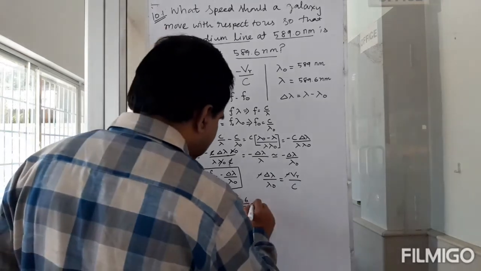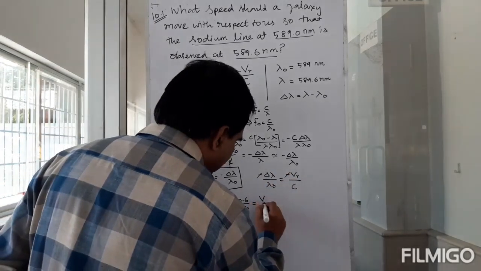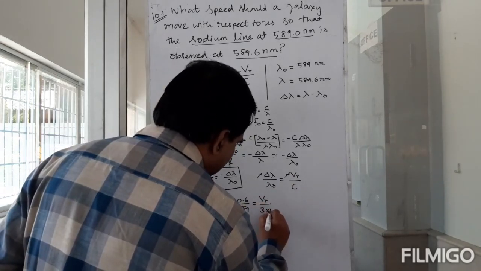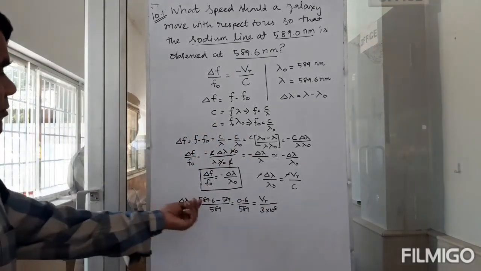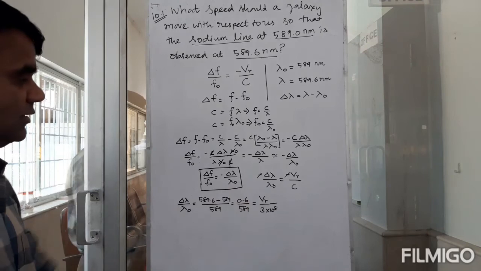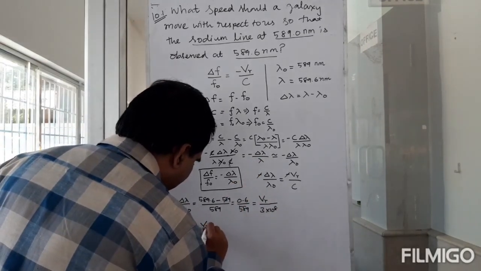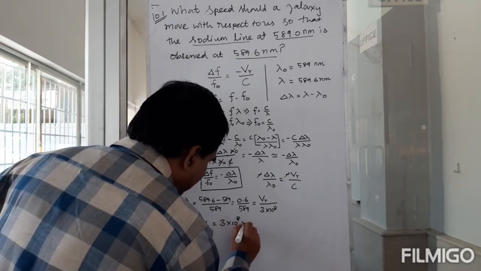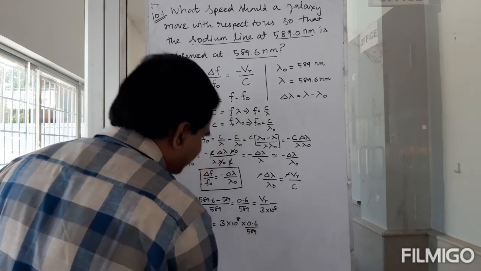And you know that this is equal to VR by C, the radial speed of the galaxy divided by C. What is C? C is 3 into 10 power 8 meter per second. Nanometers will cancel, you simply have the ratio. So now what is VR? VR is equal to 3 into 10 power 8 into 0.6 by 589.